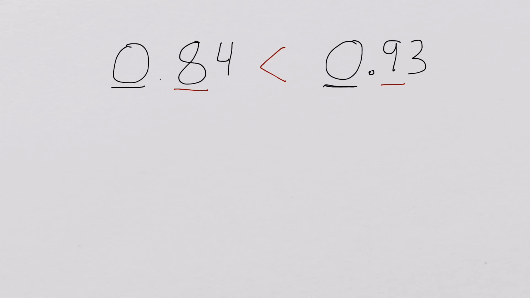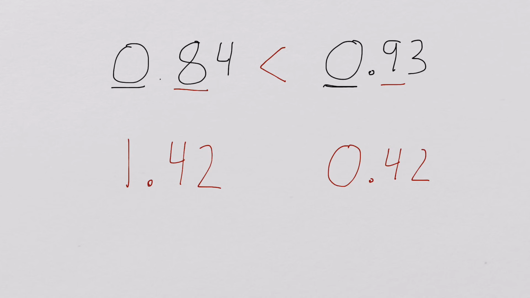What if I gave you this, though? Here we have 1 and 42 hundredths, and we're comparing it to 0 and 42 hundredths. Hopefully you're starting to think, hey, this 1 is bigger than the 0 in the ones place.